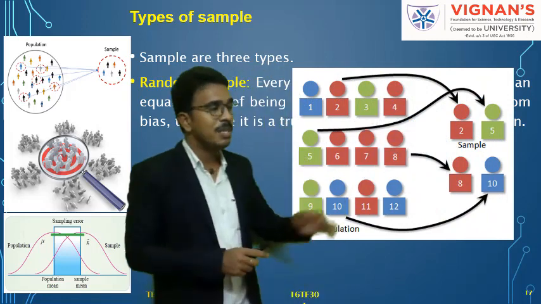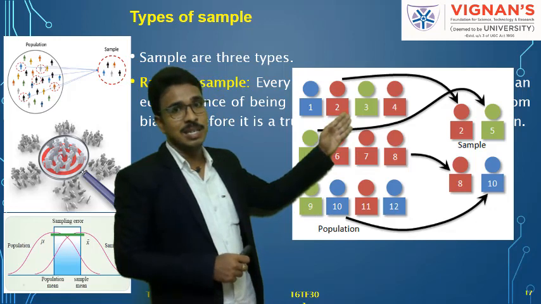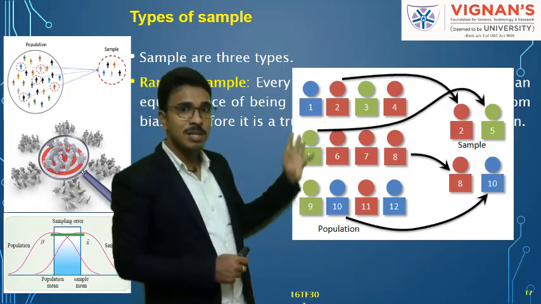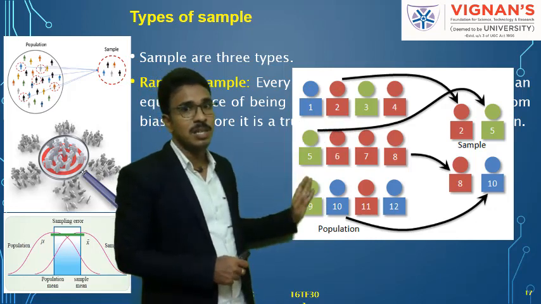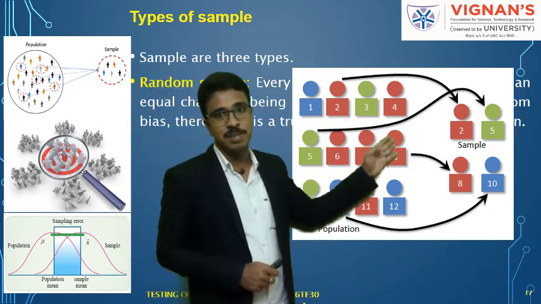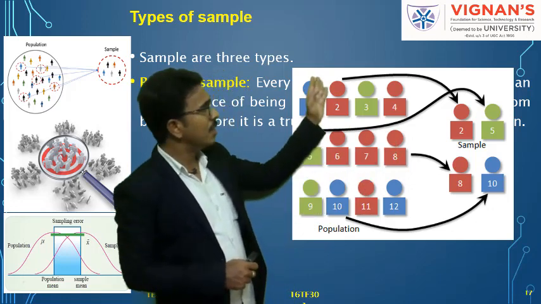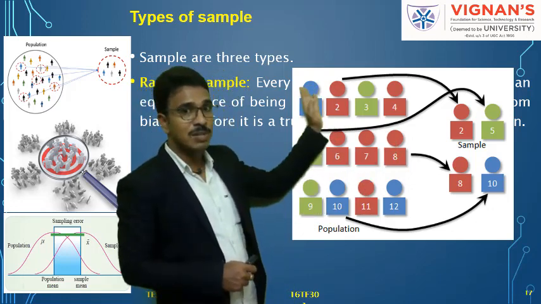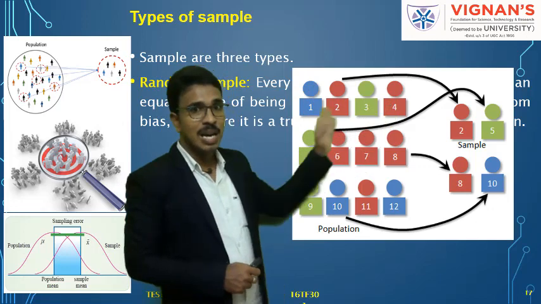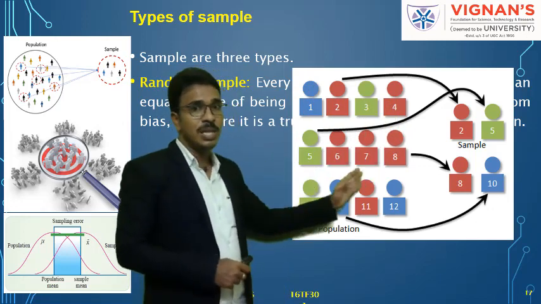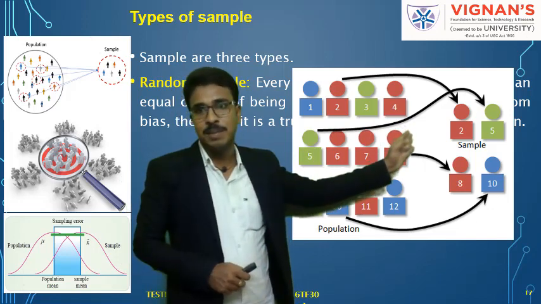From this image you can easily see that there are 3 rows, and from this total population of 12 we have to select 4 samples. Now see how the samples are selected here. From 1 to 4 they have selected 1 sample, from 5 to 8 they have selected 1 sample, and from 9 to 12 they have selected 1 sample.